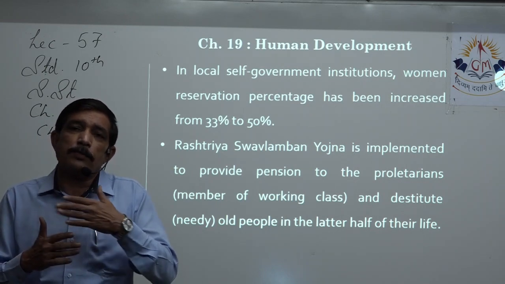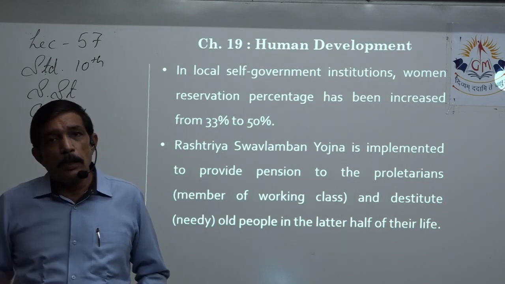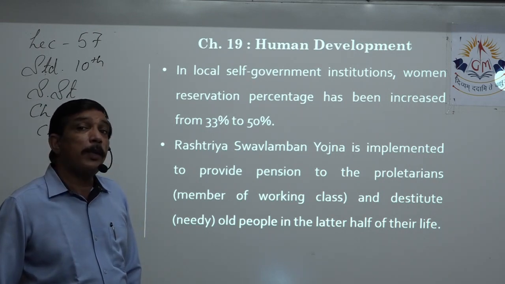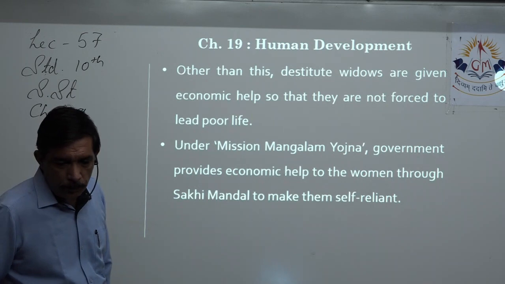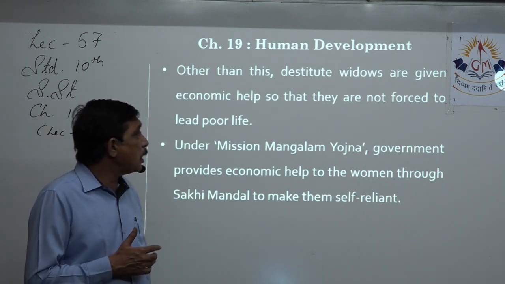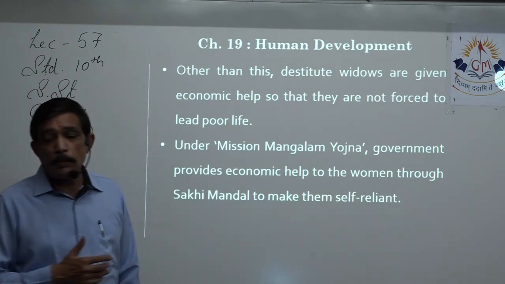So when they cross 50, 55, they are given pension by the government so that they are not dependent on anyone. Other than this, destitute widows are given economic help so that they are not forced to lead a poor life.